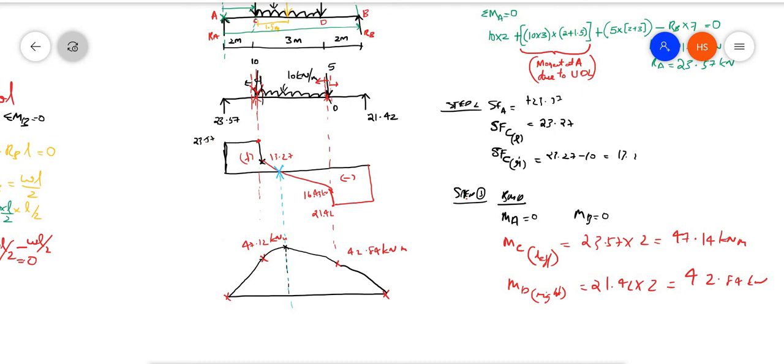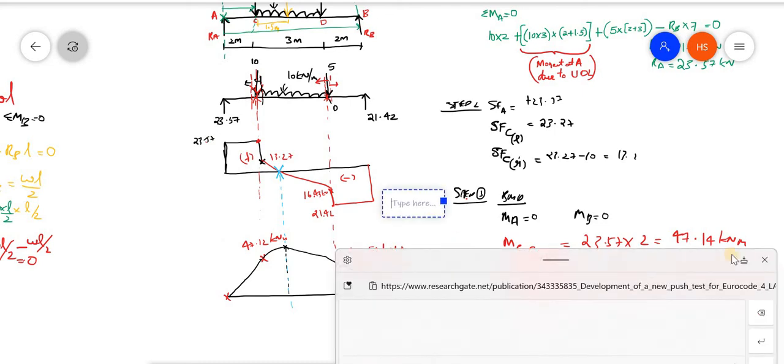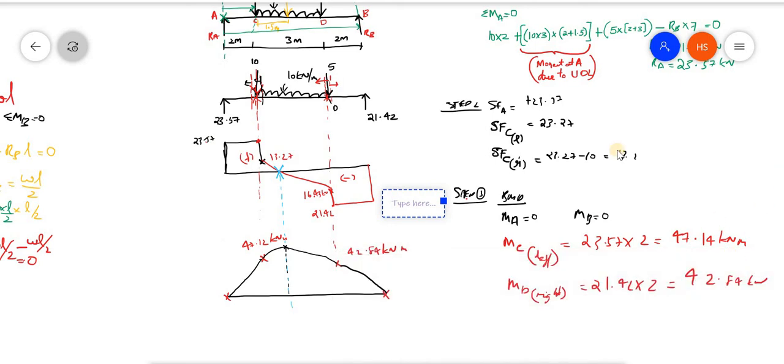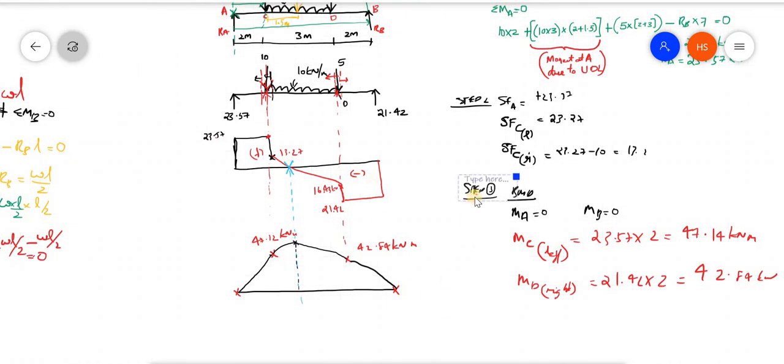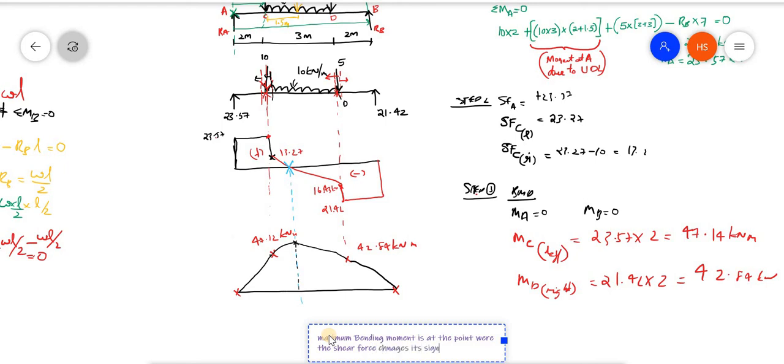So the point you have to understand is that the maximum bending moment is at the point where the shear force changes its sign, that is from positive to negative or vice versa.